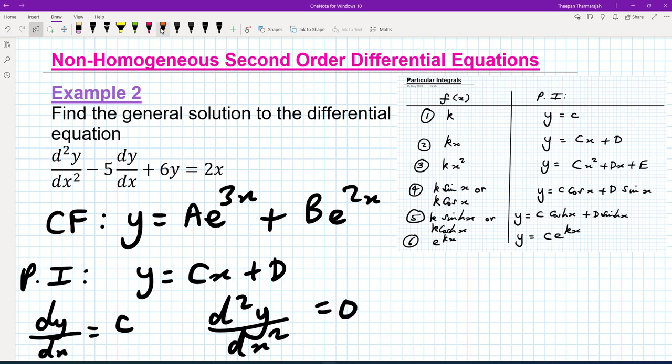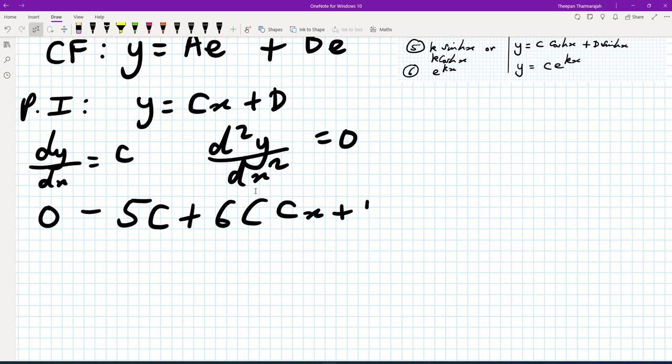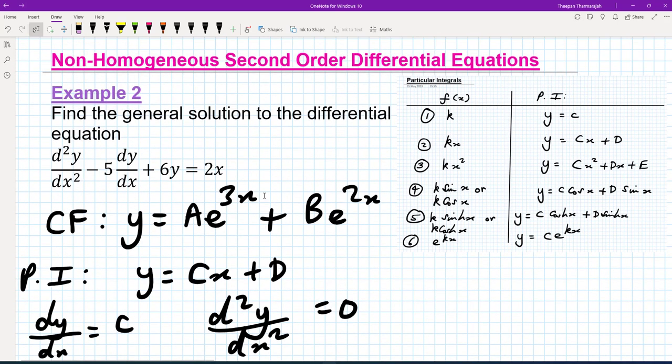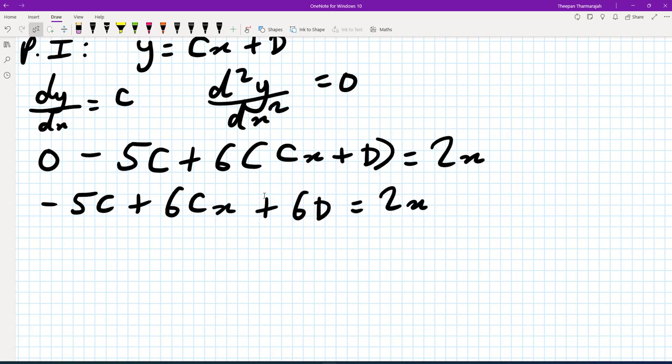Substituting this into our equation, we get 0 minus 5c plus 6 times whatever our y function was. Our particular integral is cx plus d equals 2x. So that gives me minus 5c plus 6cx plus 6d is equal to 2x.